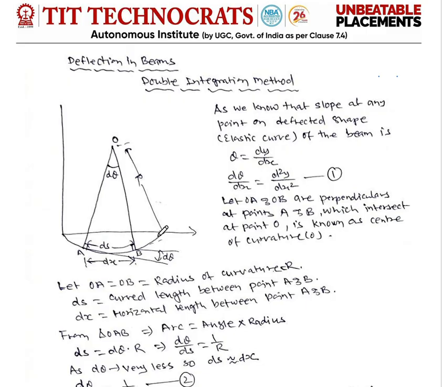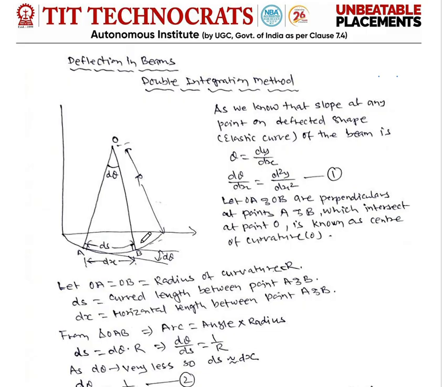So for that, first we choose any two points A and B on the elastic curve, and suppose ds is the curve distance between these two points A and B, and dx is the horizontal distance between them. At these two points A and B, we will draw two perpendiculars OA and OB.